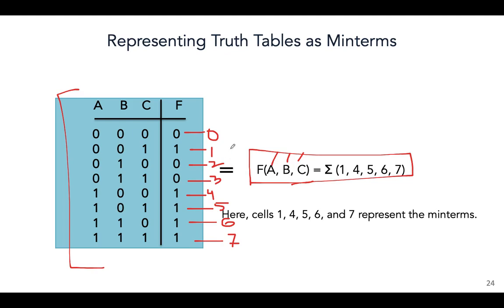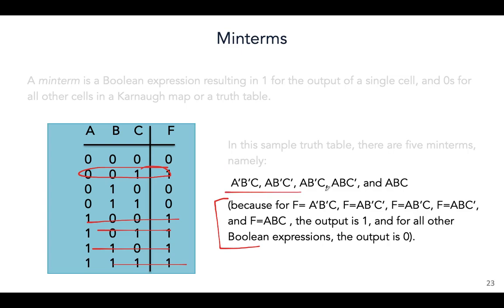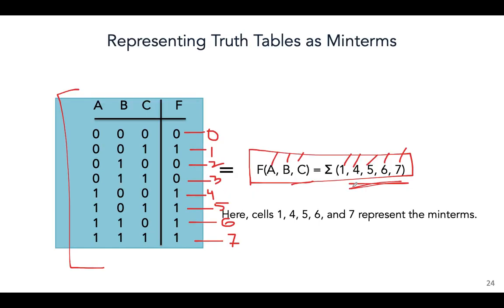Now, in which of these rows does a 1 appear? In first, fourth, fifth, sixth and seventh. So what we are doing essentially is simply listing the min-terms. These are the min-terms, right? We recognize these min-terms. So in the form of min-terms, this truth table can be represented like this.